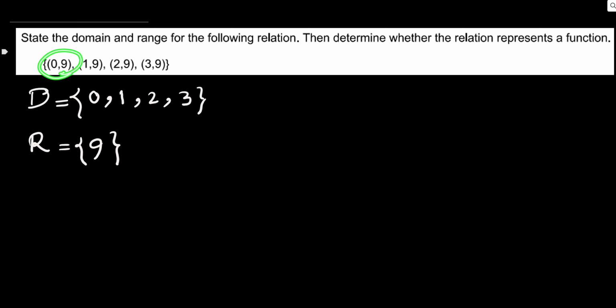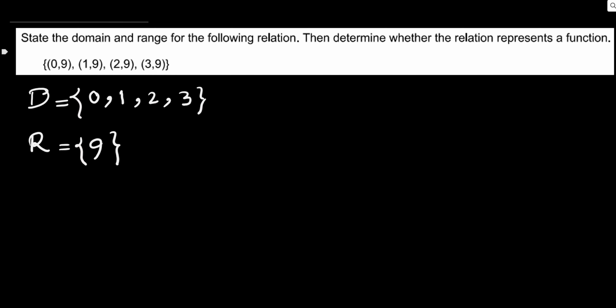Here I have 0 and 9. If again I have 0 and 1, then I'm going to check if 1 is equal to 9 or not. If they are equal to each other, I mean if I just repeat 0 and 9, it's okay and it is still a function. If not, and I have 0 and 9, 0 and 1, I know that 1 is not equal to 9, then it's not a function.